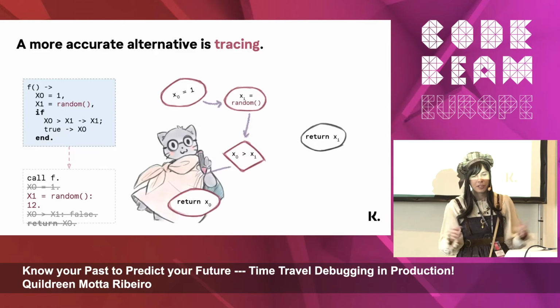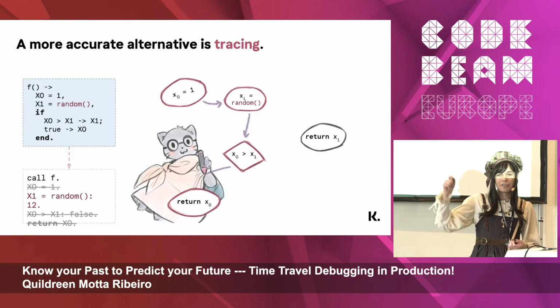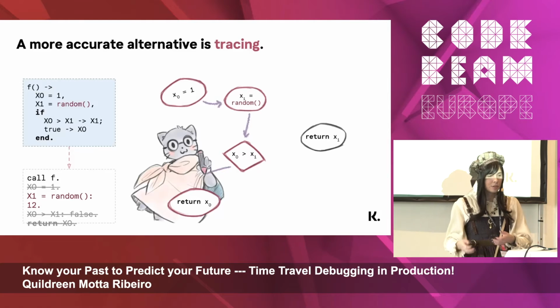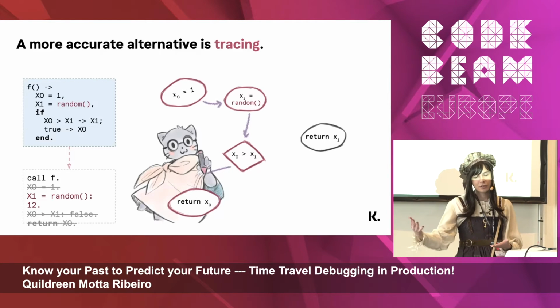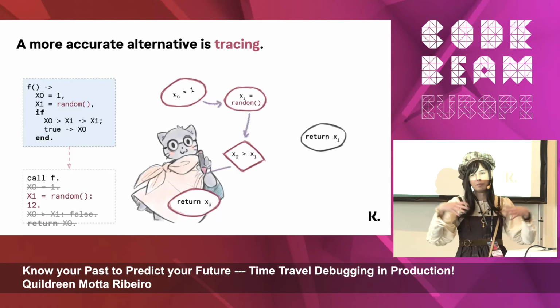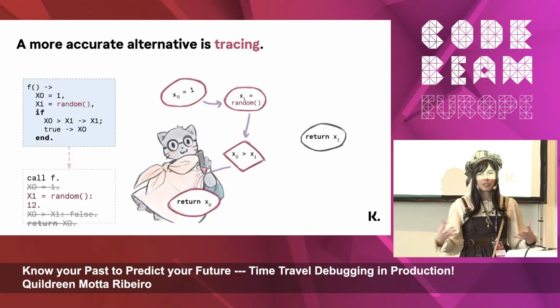But you do need to record all of the non-deterministic stuff, of course. Because, for example, if you have a random number generation, every time you run it, it returns a new number. So you need to be able to replay it deterministically afterwards. So you have to record any additional information that would make that function deterministic. In the case of random number generation, that could be just the return of the function.